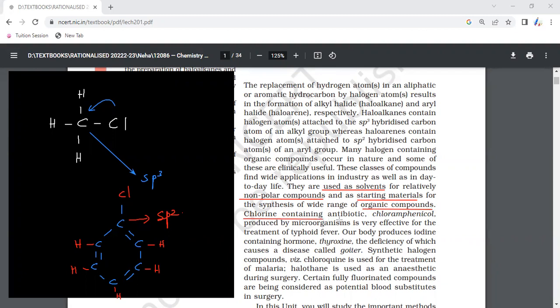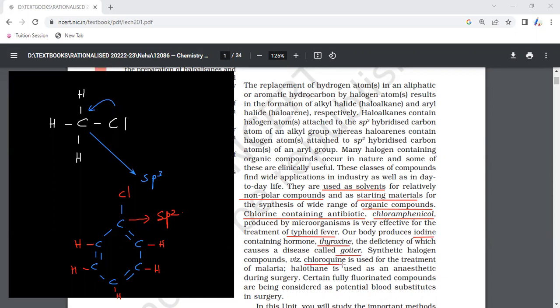The chlorine-containing antibiotic chloramphenicol, produced by a microbe, is used for treating typhoid fever. In our body, the hormone secreted by the thyroid, called thyroxine, contains iodine. It is used for treating the iodine deficiency called goiter.